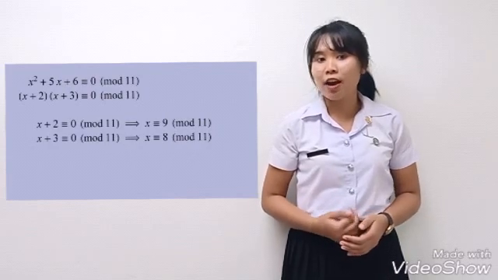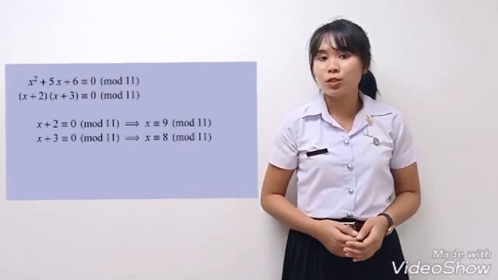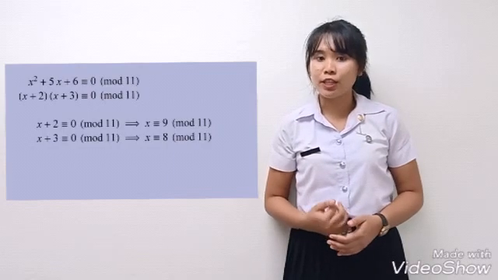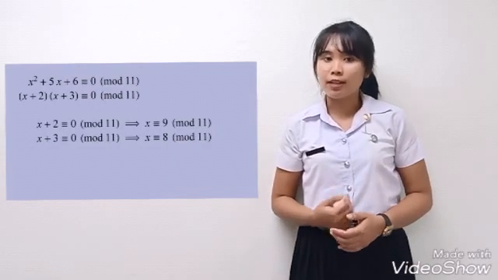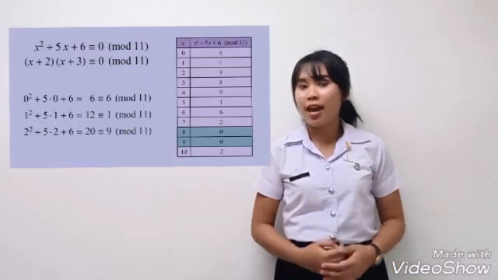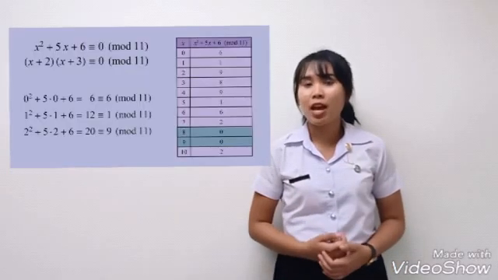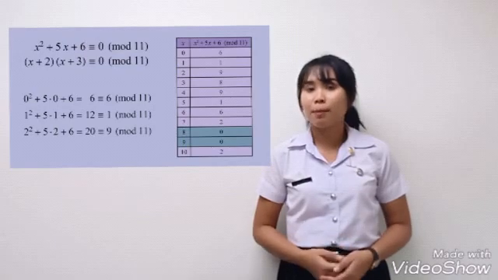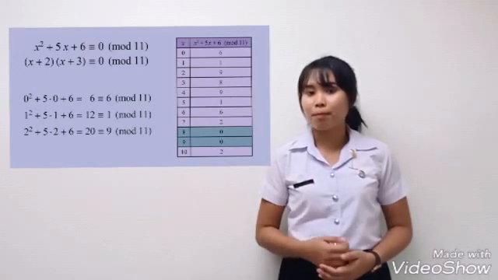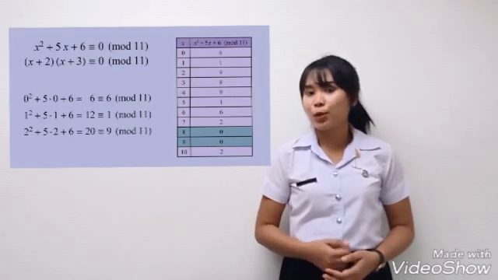Let's see if there are any other solutions by plugging in every integer mod 11. When x equals 0, x² + 5x + 6 is equal to 6.